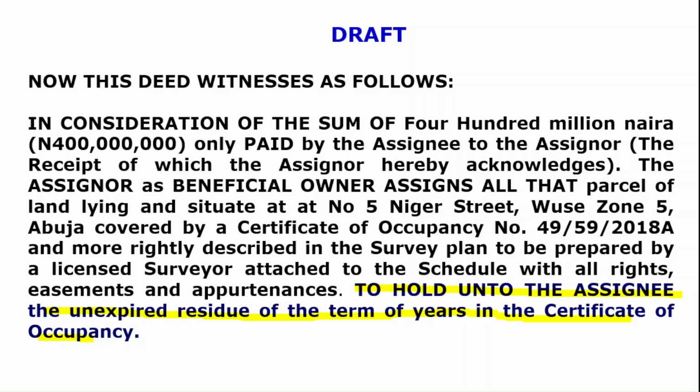But an addendum's function in the deed of assignment is to confirm the fact that this is a sale of land where the assignor is divesting herself of all the number of years left in the certificate of occupancy or in the interest of land to be given to the assignee. So this is how to draft the addendum. So you can see that the operative part of a deed, I often tell people that it's very simple. You just have to follow the sequence.